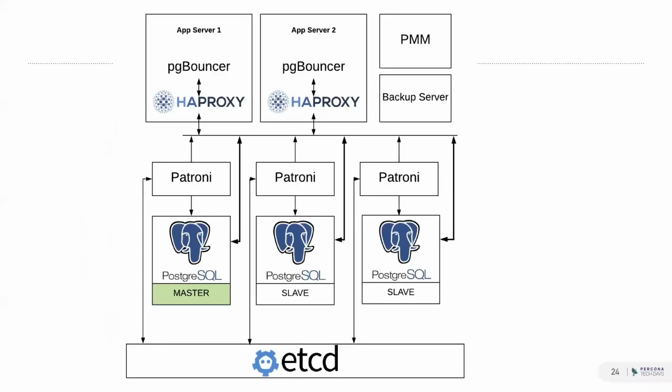Because we discussed a connection pooler, a load balancer, a high availability and automatic failover solution, and monitoring, you could build a robust Postgres architecture that looks like this, right? You have PG Bouncer as a connection pooler deployed on the application server, and that's talking to HA proxy. HA proxy determines what's a primary or a standby.